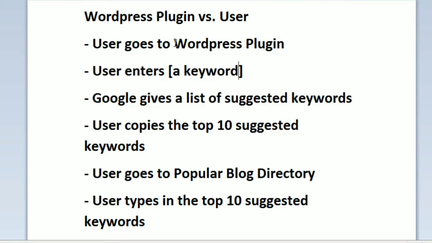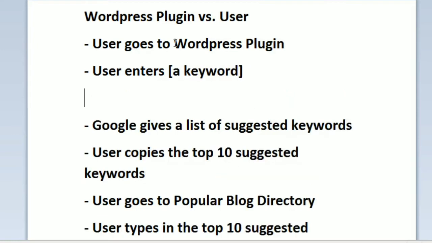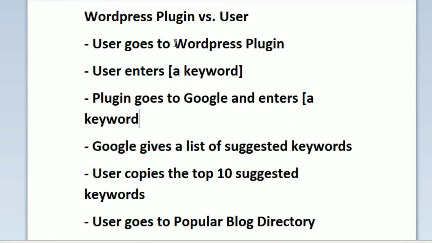Now, obviously, they're still going to have to go to Google, right? But the user's not going to go to Google or any outside sites. That's the WordPress plugin's job, right? So the WordPress plugin, we're just going to call it plugin. Plugin goes to Google and then enters that keyword that the user just typed in.